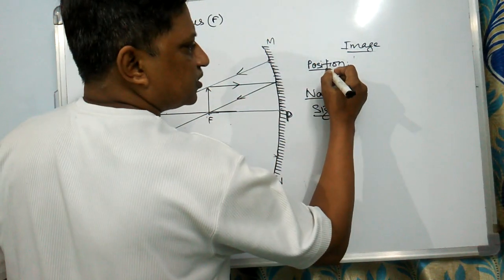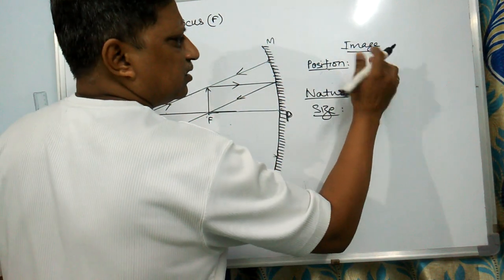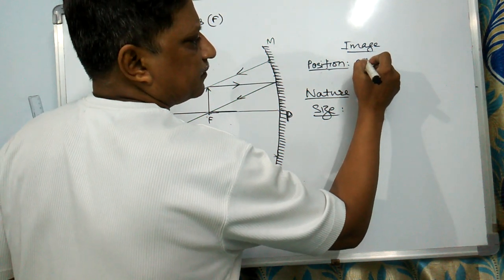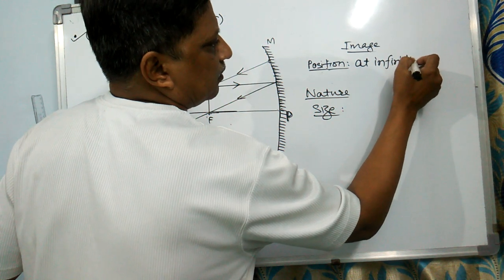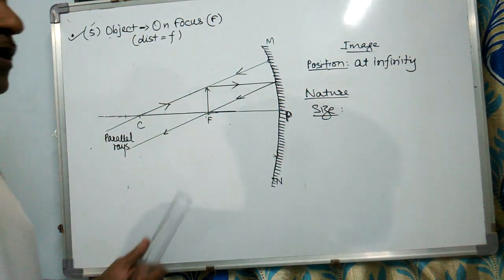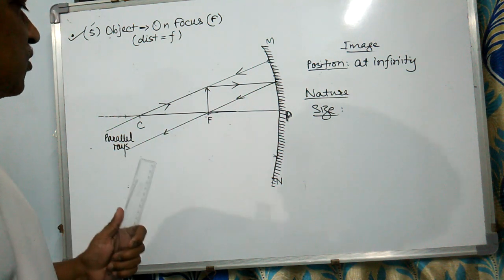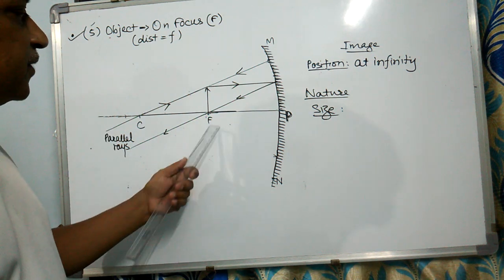What is the position of the image? It is considered that the image is obtained at infinity, because our first diagram was when the object is at infinity, then the image is obtained on focus.